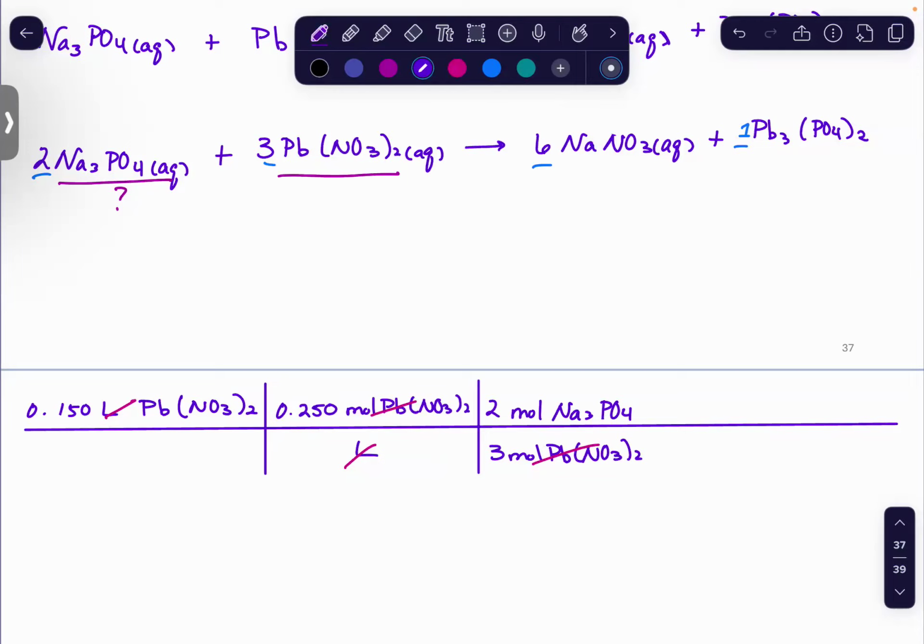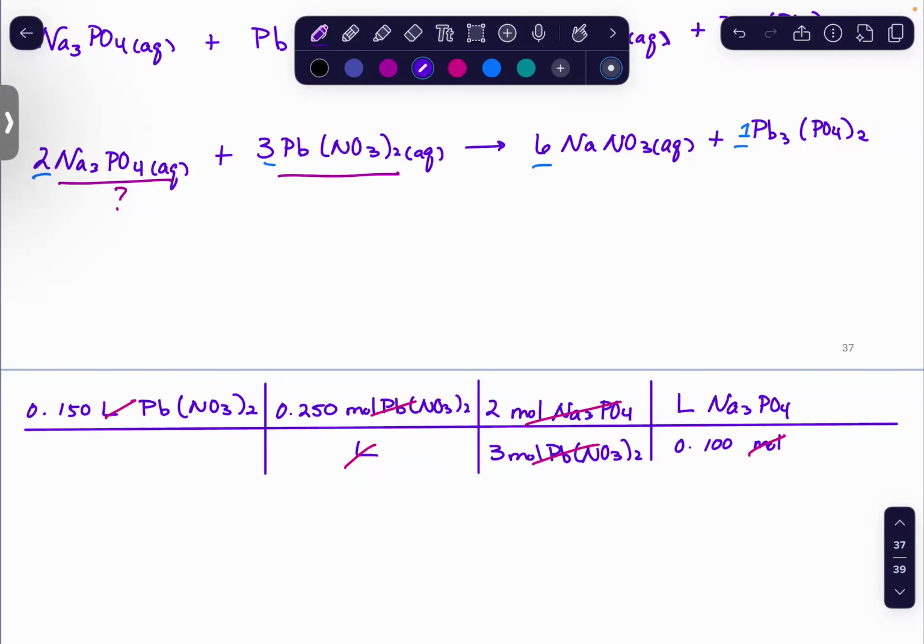I'm now at a calculation in moles of sodium phosphate, but I want a volume of sodium phosphate. So now I have to divide by the molarity, the concentration of the sodium phosphate, which is 0.100 moles per liter. And so again, moles cancels out.